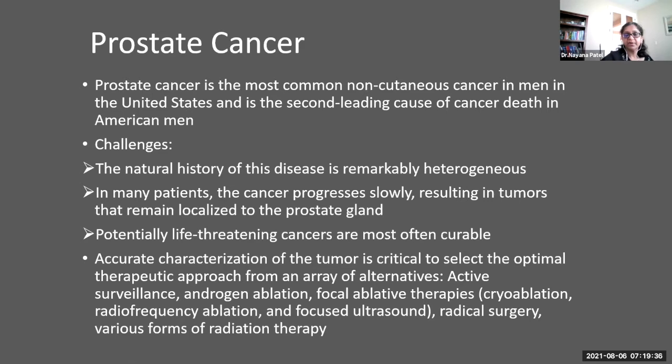So it is very important to accurately characterize the tumor to select the optimal therapeutic approach, given the many options we have for the treatment of prostate cancer. And it depends on the tumor size, extent, grade, and the stage of the prostate cancer.